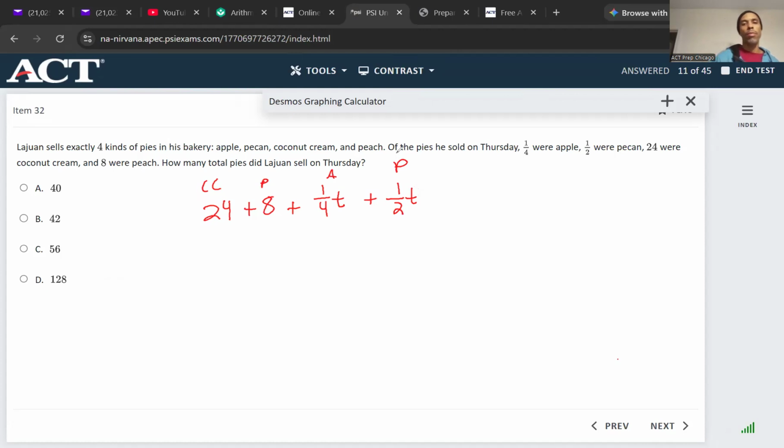That should give you T, and that's your algebra equation, because T is the total amount. So if you take a fourth of T and half of T and add the rest, you should get T. Now we have an equation we can solve.